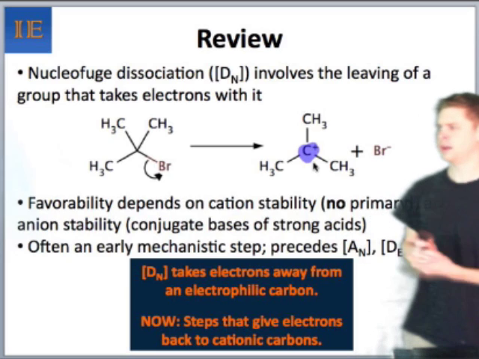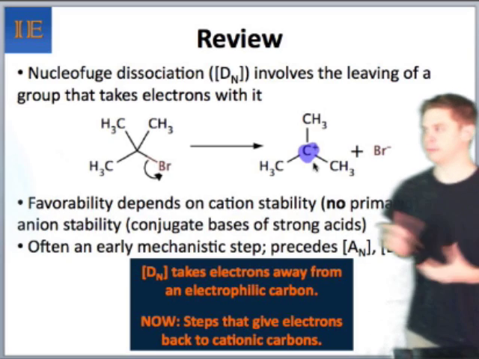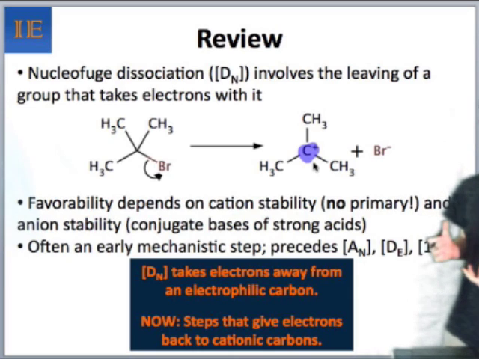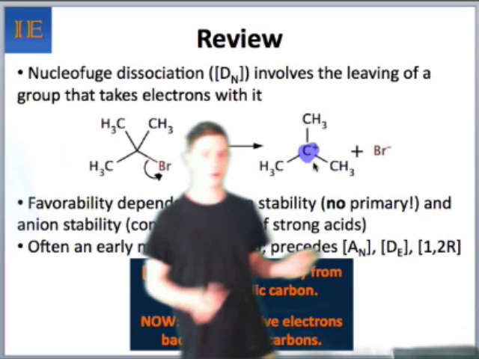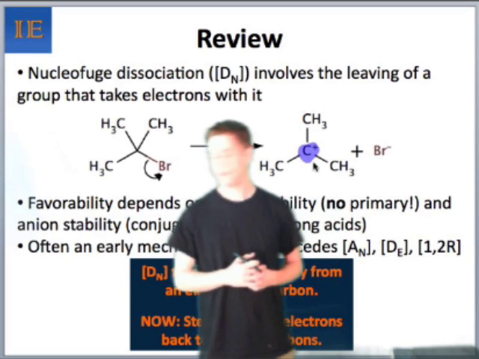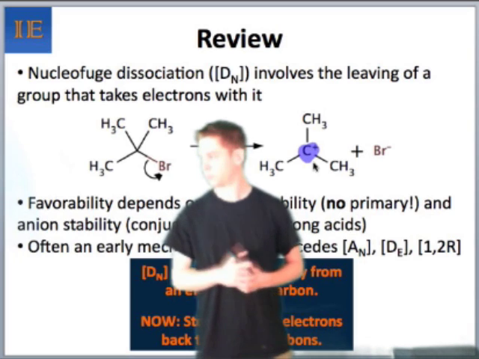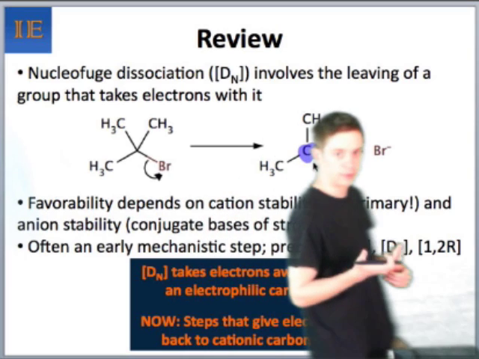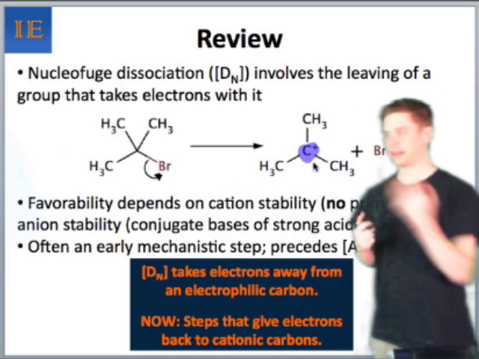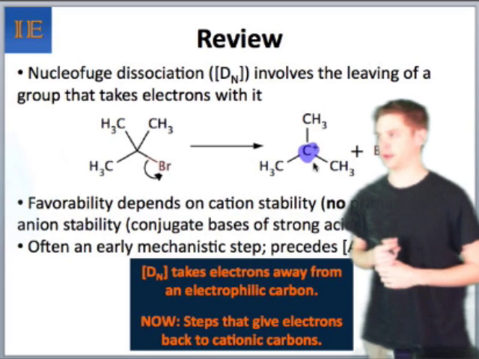We saw that the DN step is usually an early mechanistic step, and so it can precede steps that deal with cations, such as you see here on the right-hand side, AN, DE, and 1,2-R, which we're going to look at in more detail today. And so we've noted last time that DN takes electrons away from an electrophilic carbon.